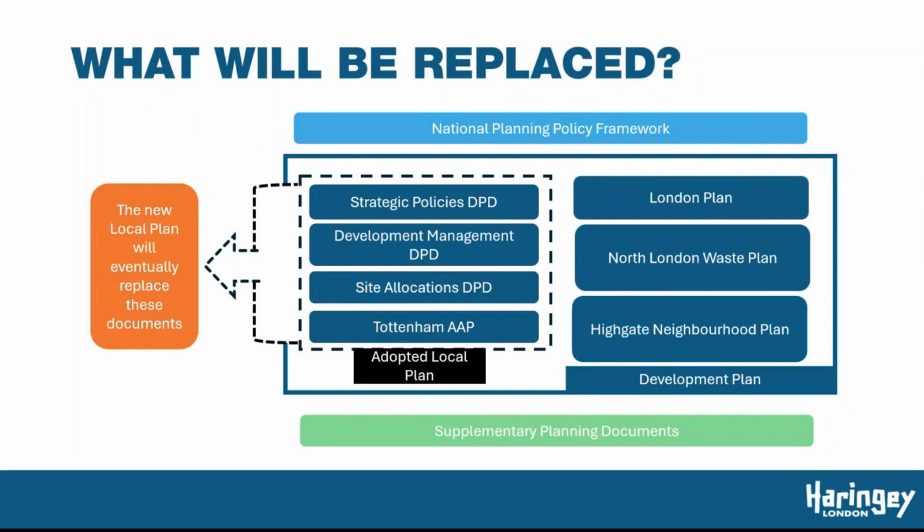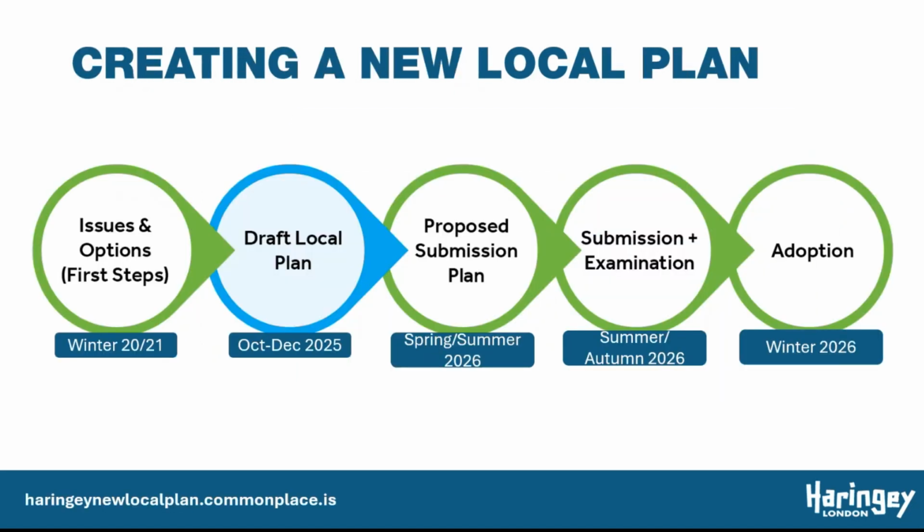Eventually those will be superseded once this draft plan is finalised and published, and instead the new local plan will take its place. And our new local plan will also be supported by supplementary planning documents, so new guidance that helps to support that plan will be published following on from the adoption of the local plan.